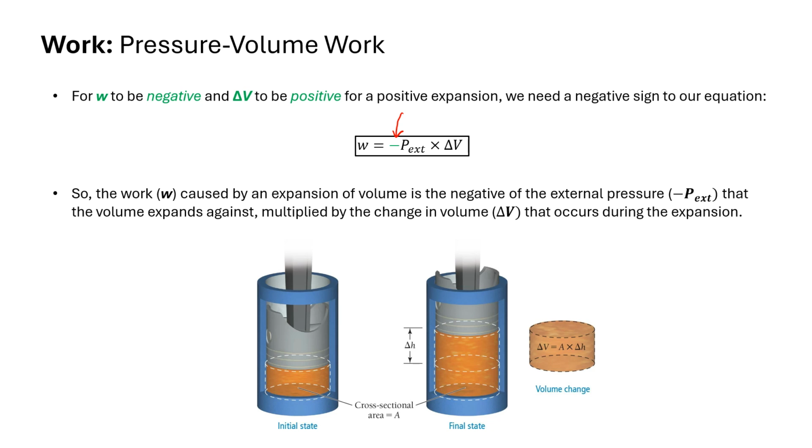Now you're probably wondering, well, how does that make sense? How can we just put a negative there? Well, if we know we're trying to have negative W, P external times change in volume, all we're doing is we're moving the negative over.